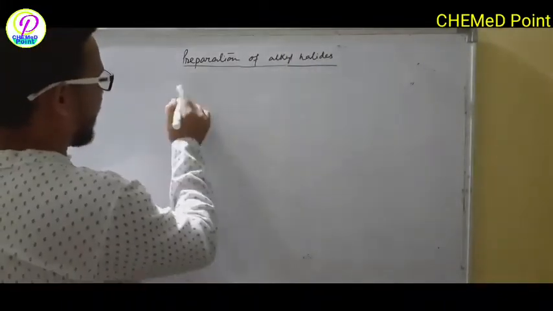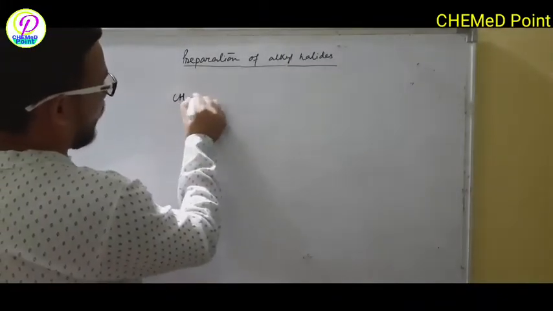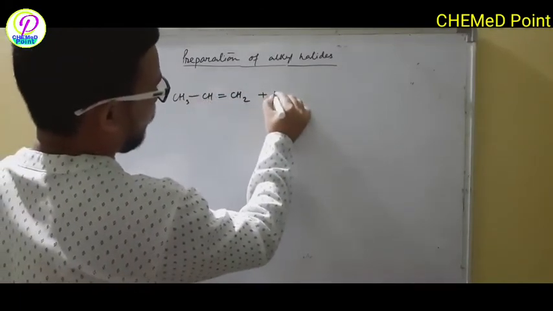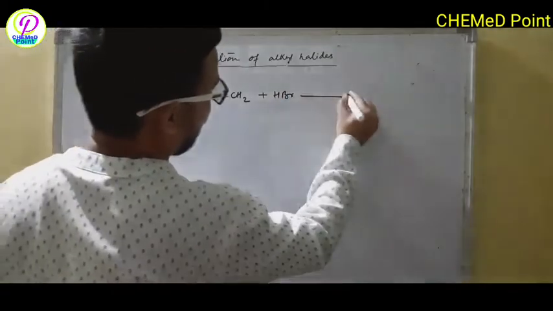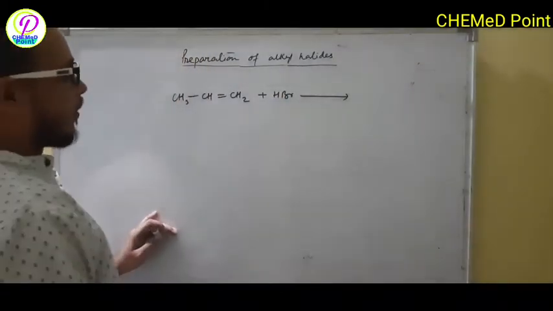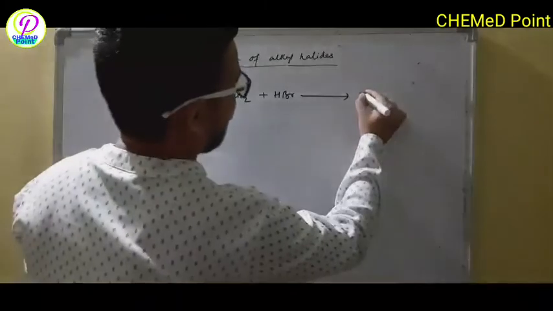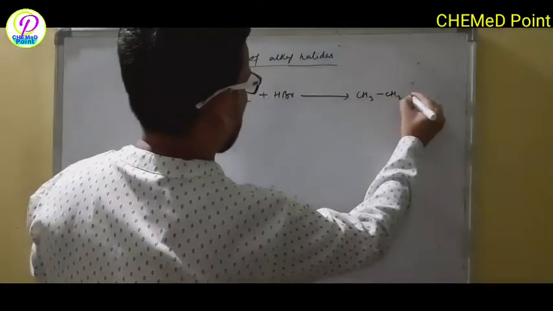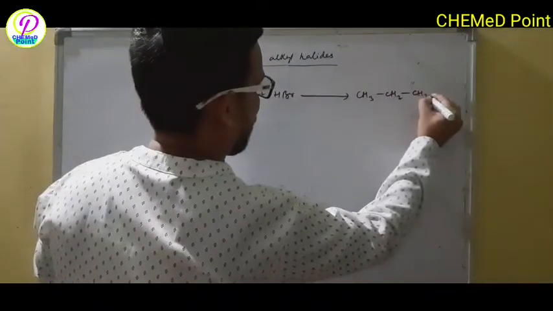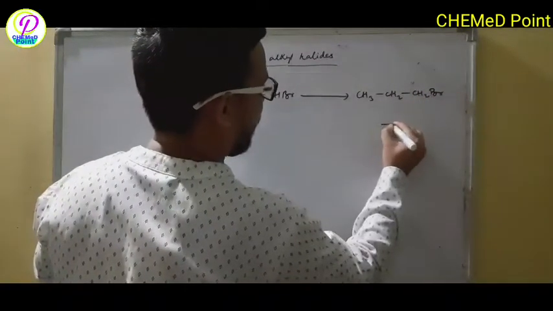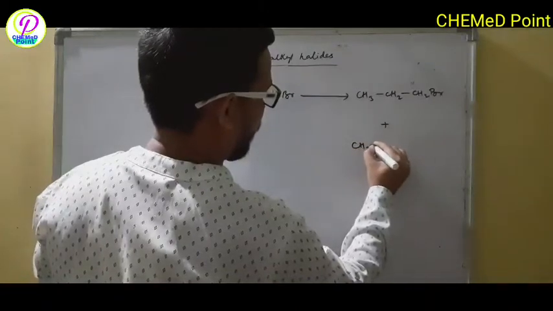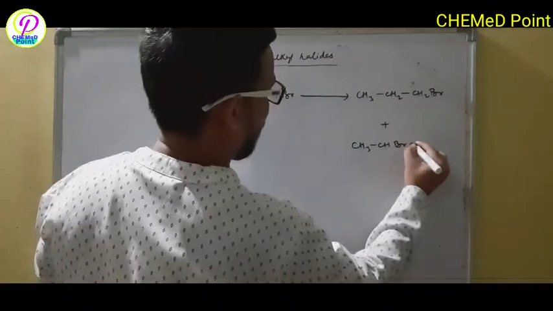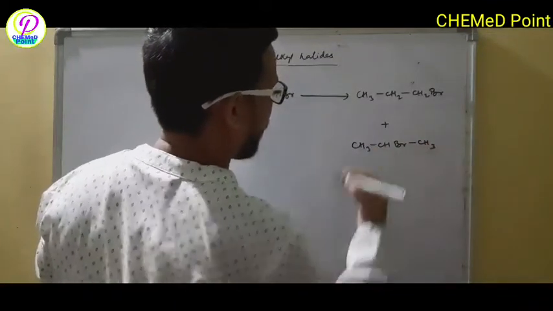Let us take another example. CH3CH=CH2 plus HBr. Then the product will be CH3CH2CH2Br plus CH3CHBrCH3.